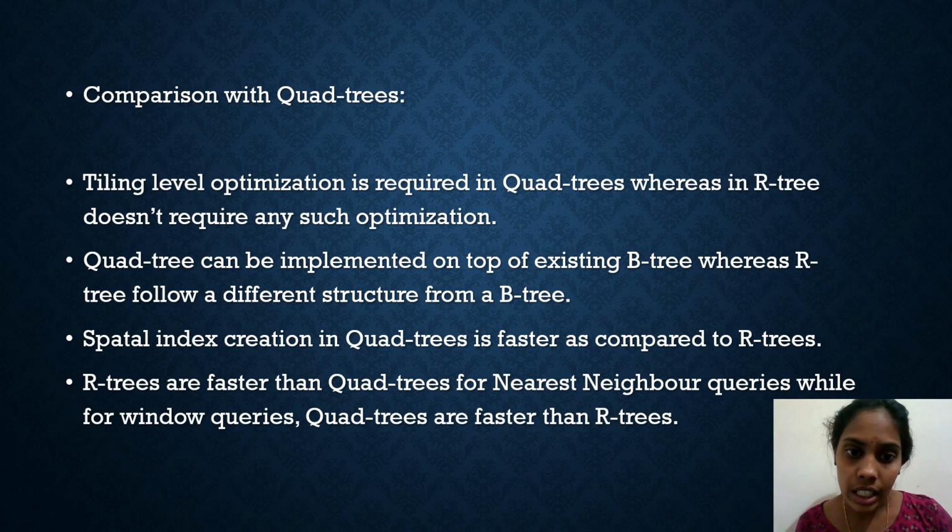Spatial index creation in quad trees is faster as compared to R trees. R trees are faster than quad trees for nearest neighbor queries, while for window queries quad trees are faster than R trees. This is a comparison between the quad trees and the R trees.